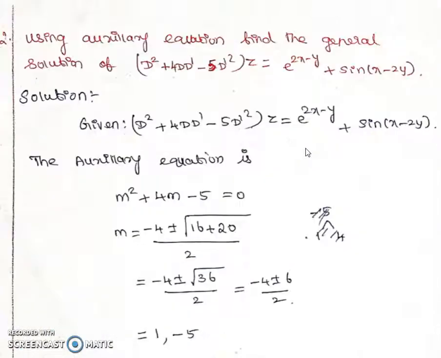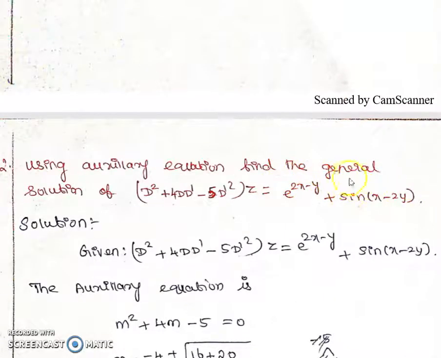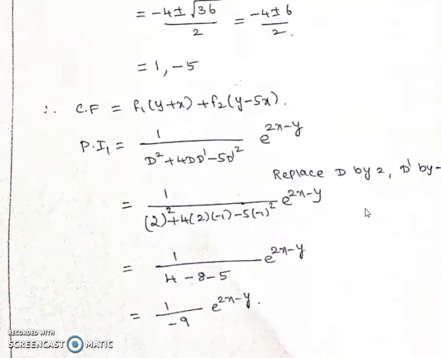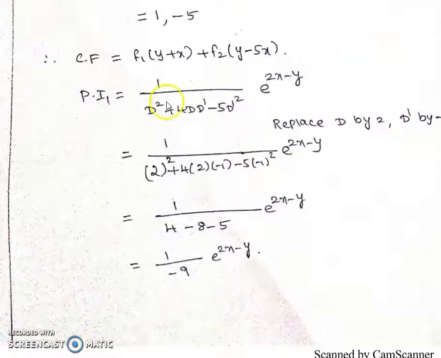Here two particular integrals are given. So we are going to find particular integral 1. So 1 by D square plus 4 D D dash minus 5 D dash square into e power 2x minus y. The same procedure we did in the ordinary differential equation. Just replace D by the coefficient of x, which is 2. And in the same way, the coefficient of y is minus 1, which we replace for D dash.